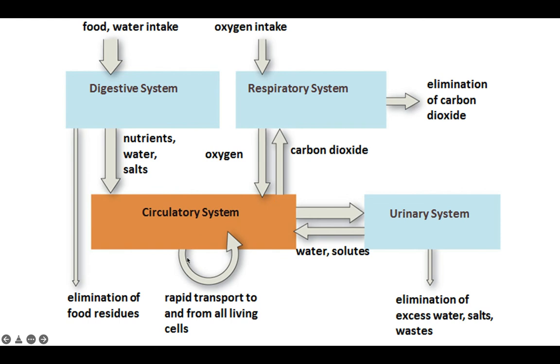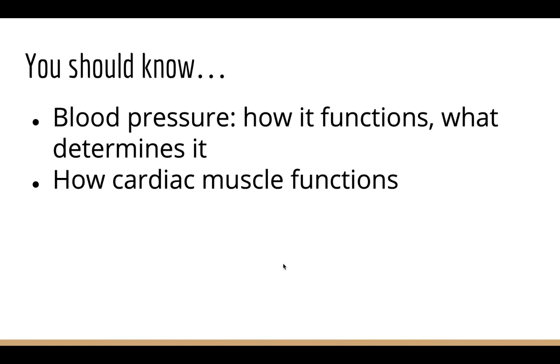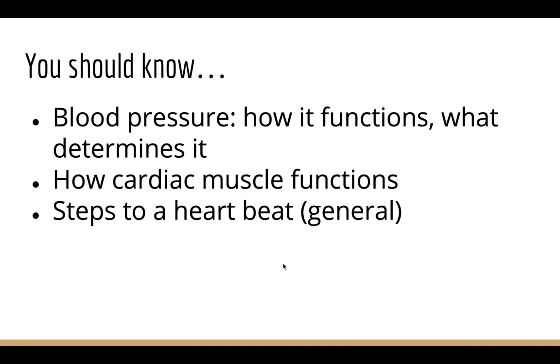And we're going to see this again, but your circulatory system, hands down, is one of your top most important organs. So you should know essentially what is blood pressure, how it functions, what determines blood pressure, right? Blood volume, for instance. You should know how cardiac muscle functions. Very, very simply talking about what makes it different, what makes it the same.